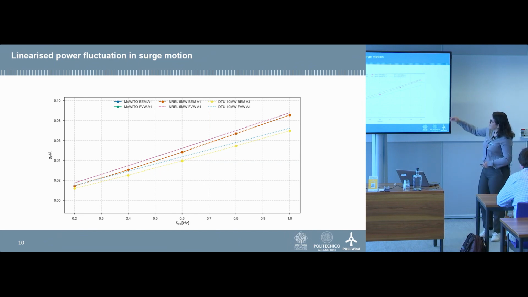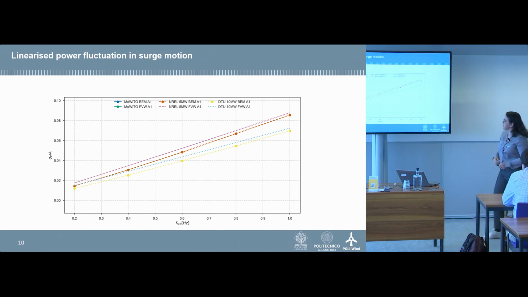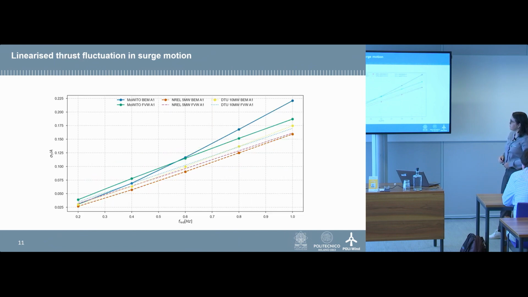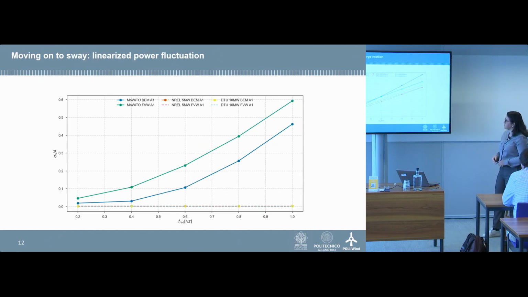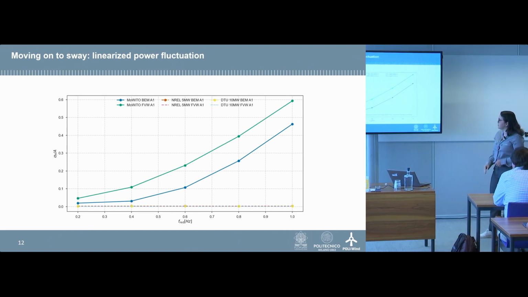In general, we see that the BEM always shows a little lower fluctuation than the free vortex wake. We see the same situation with thrust, the same kind of behavior. If we look at sway, MOITO shows a growing curve.